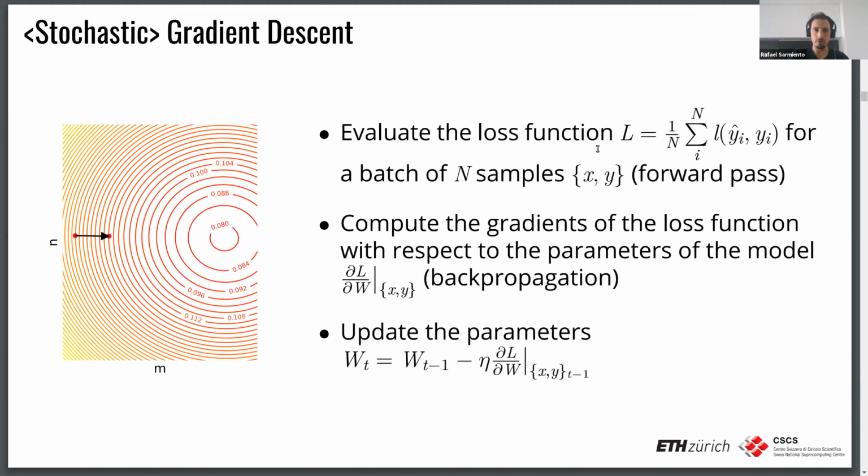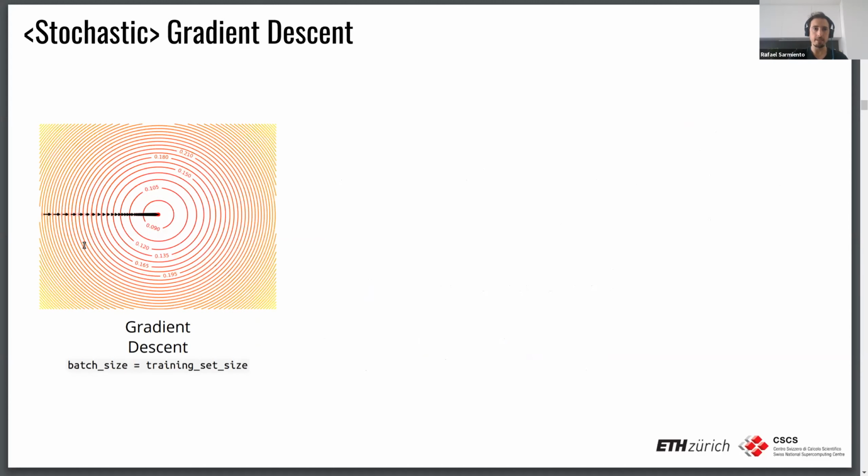And then we use this gradient to update the position in this loss surface, and we repeat it many times until we arrive at the minimum, until the model converges. Okay, so when we repeat it many times, it looks something like this. We have all the steps here, and in this case, this plot corresponds to having the batch size equal to the whole training data.